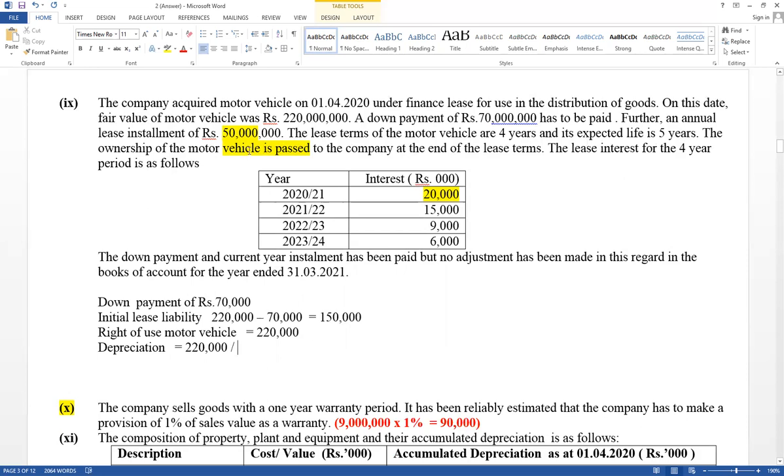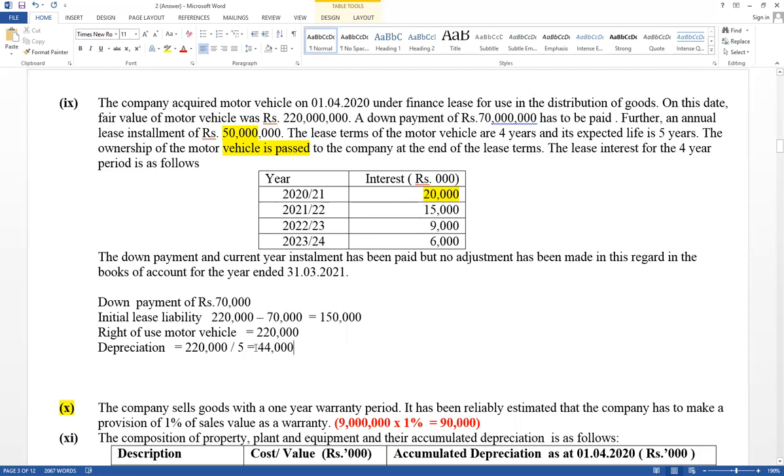If ownership is not passed, divide by 4, the lower period. But if ownership is passed at the end of the lease period, it should be the useful lifetime. Therefore, divide by 5. Then annual depreciation can be calculated: 220,000 divided by 5 equals 44,000.